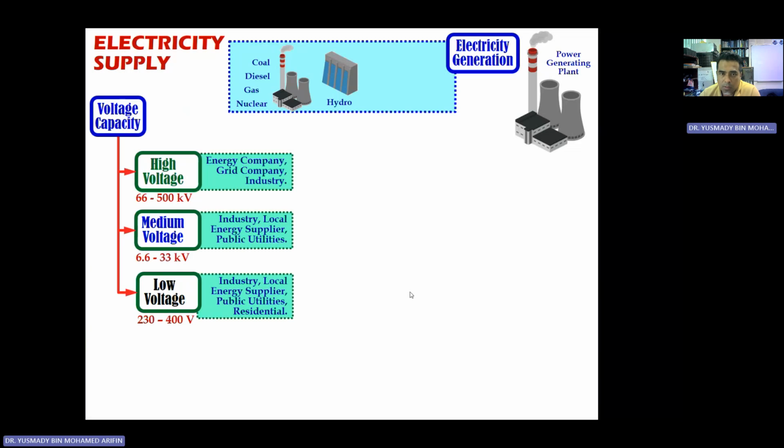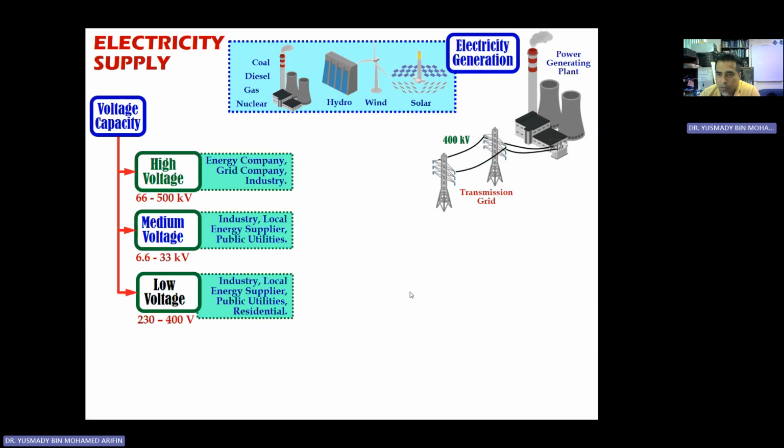The electricity also can be produced from hydro power stations, wind power stations, or solar power stations. So all these types of power stations will produce electricity.